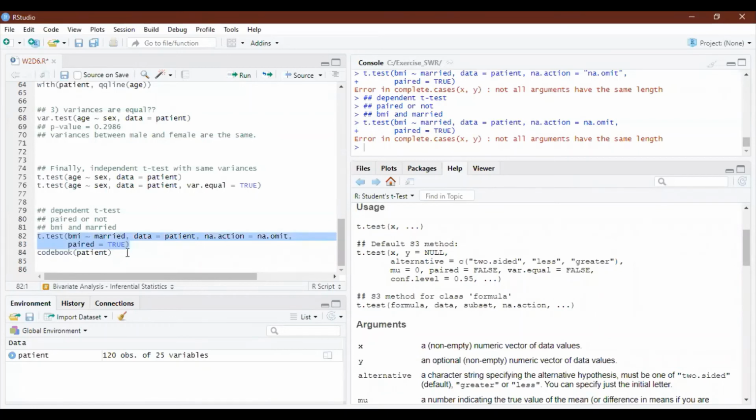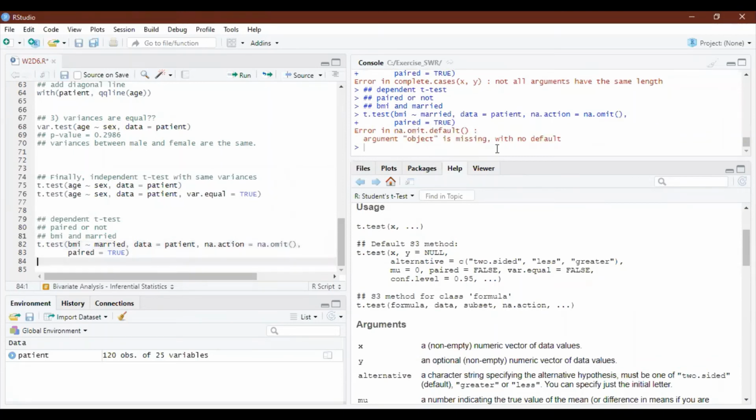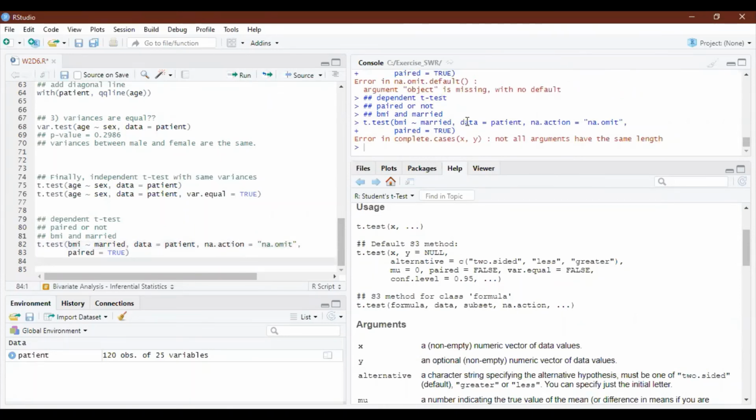Any idea why it is not working? You sure? It is? No. You mean this? And still there's an error.